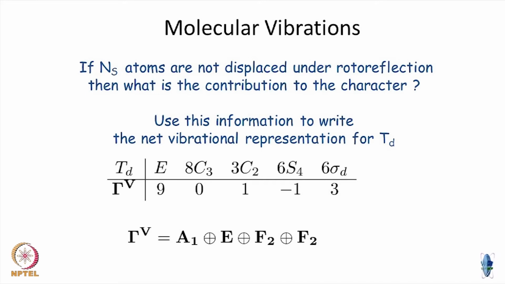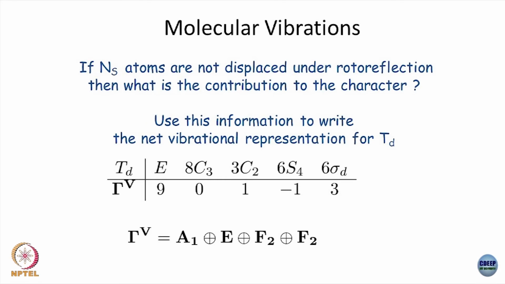If you use that information along with the rotation information which I have already discussed, you could work out the character for the molecular motion of, let us say, a molecule with Td symmetry. Which molecule has a Td symmetry? Tetrahedral. Methane has this, which we saw in the video.